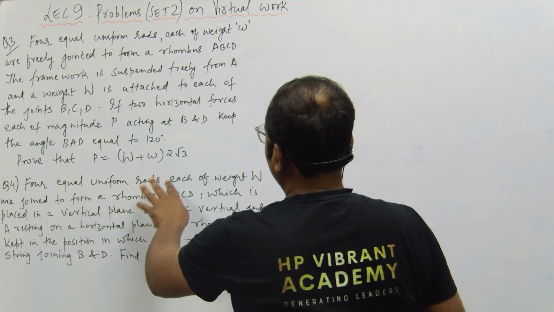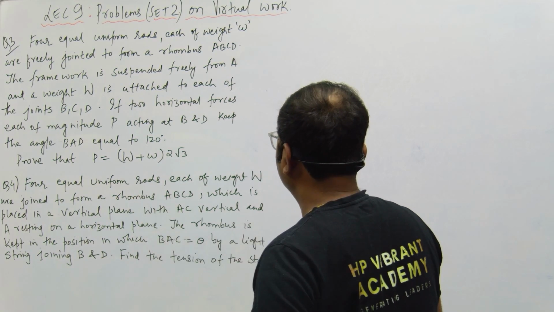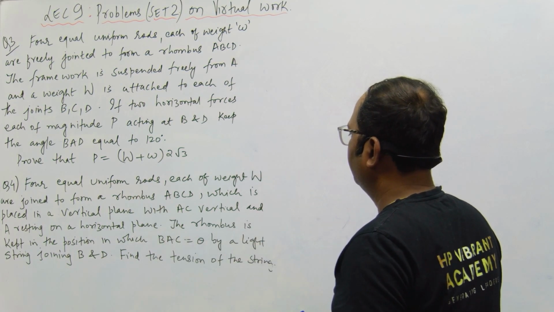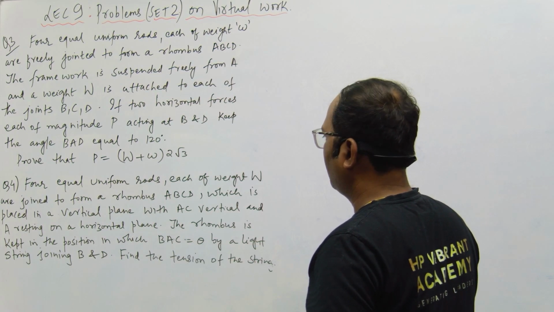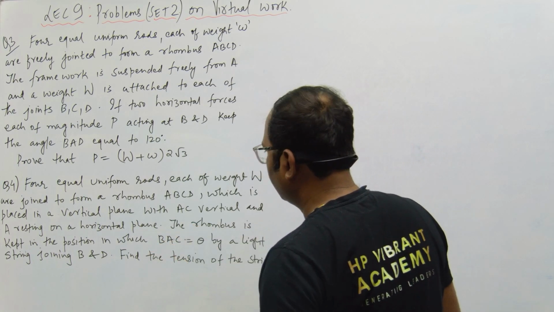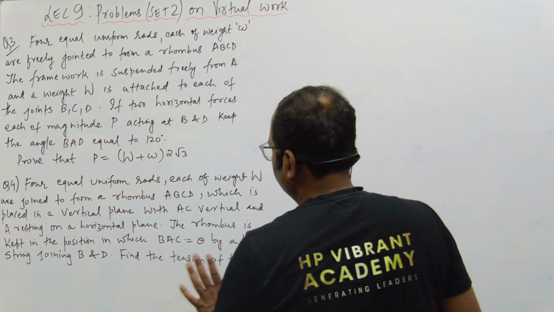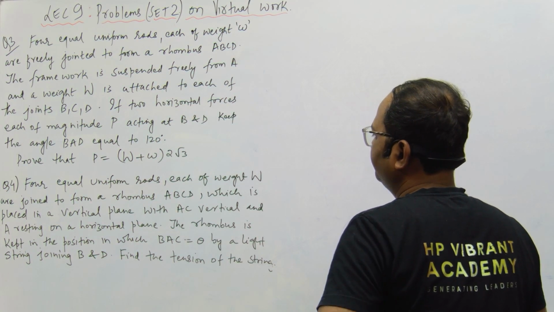Four equal uniform rods, each of weight capital W, are joined to form a rhombus ABCD, which is placed in a vertical plane with AC vertical and A resting on a horizontal plane. The rhombus is kept in a position in which BAC is equal to theta by a light string joining B and D. Find the tension in the string. Okay, so let us draw the rhombus.